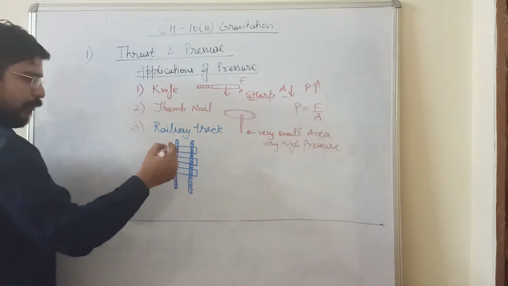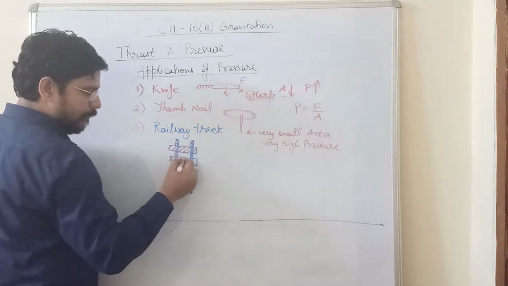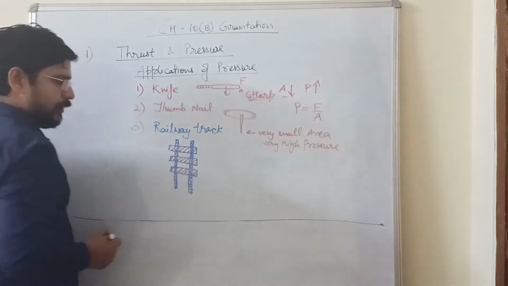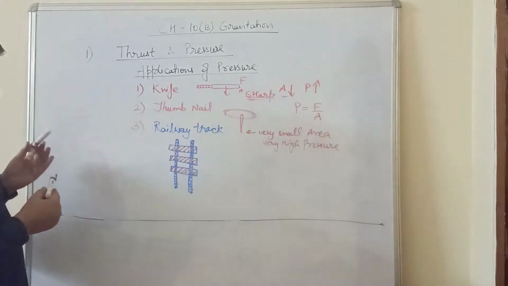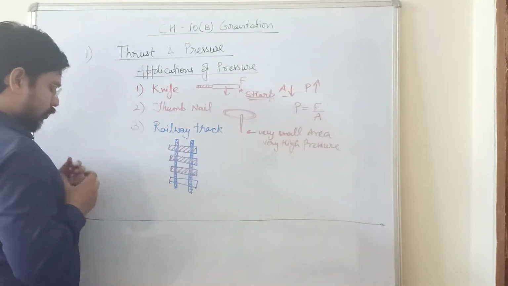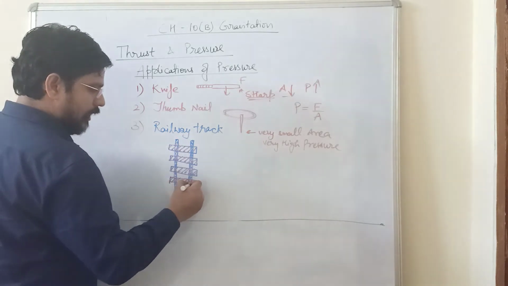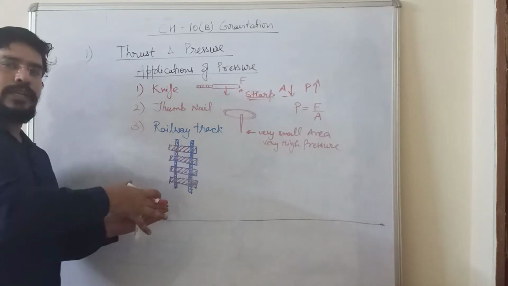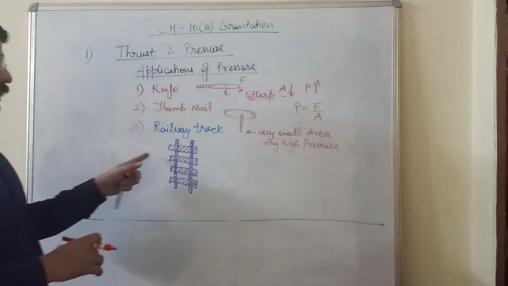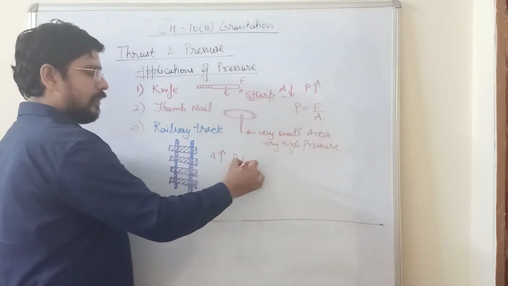But with the use of these sleepers, the red area which I am showing represents the effective area over which the weight is distributed, and it will increase. This helps reduce the pressure on the ground, and the railway lines will not sink deep into the ground, because we have increased the area and the pressure is decreased.